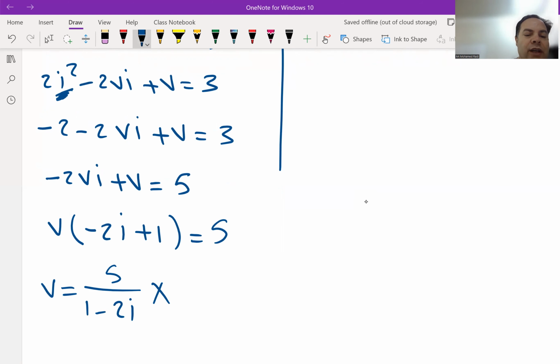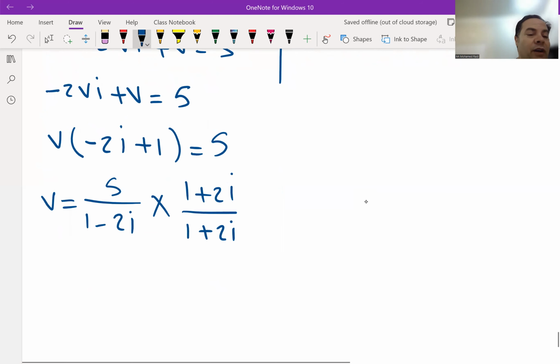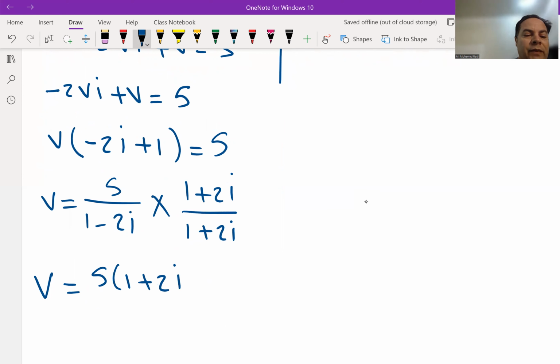Multiply by the conjugate, 1 plus 2i divided by 1 plus 2i. Then simplify your answer. v is equal to 5 multiplied by 1 plus 2i divided by, if you expand and simplify, 1 plus 4.